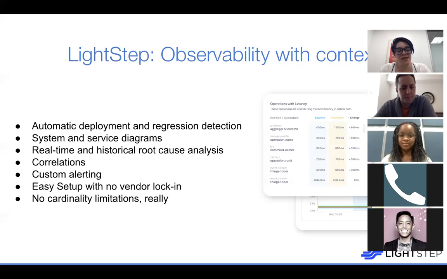So in Lightstep, you should also see real-time and historical root cause analysis. And I know it's a bit of a trend lately where people are talking about how there is no root cause. And I think philosophically that's interesting, but sometimes there is. Sometimes there is a root cause and you want to say, oh, it's this third-party API that's misbehaving, I can work around this.